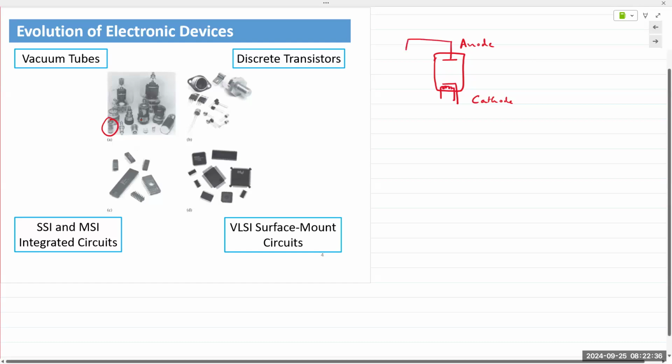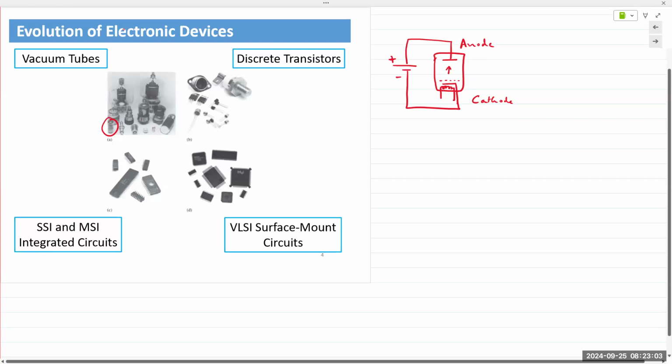When an external voltage or energy source was connected between the anode and the cathode, with the positive end of the energy source connected to the anode, the negatively charged electrons here would be attracted towards the anode.